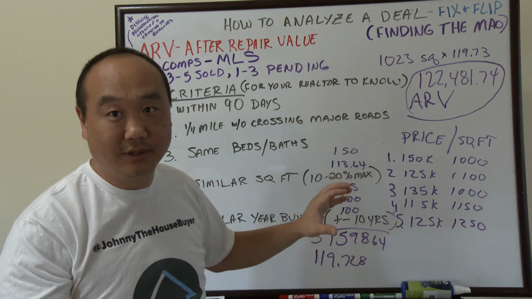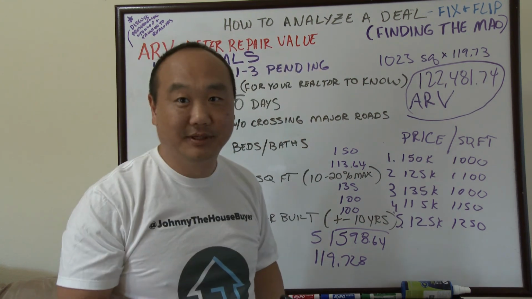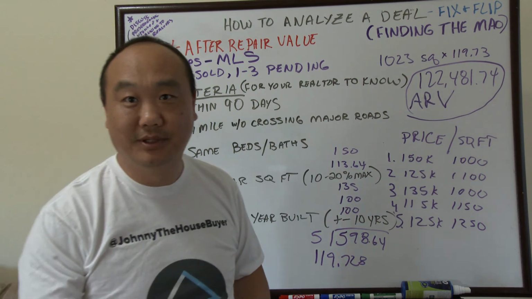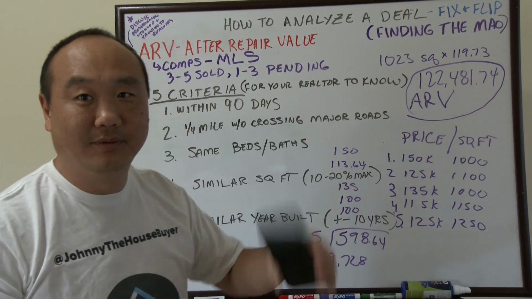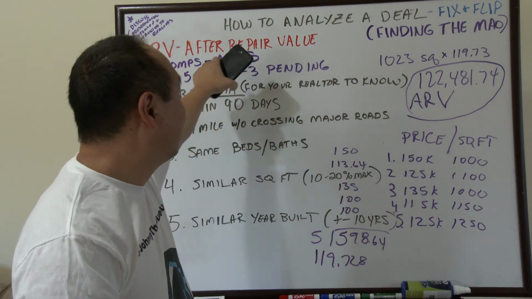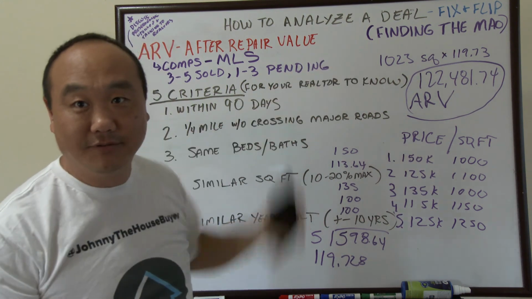The more comps, the better, sold and pending. The second biggest thing that goes wrong is miscalculating rehab costs, but I'll do a video about that later. Step one in how to analyze the deal is finding the ARV.